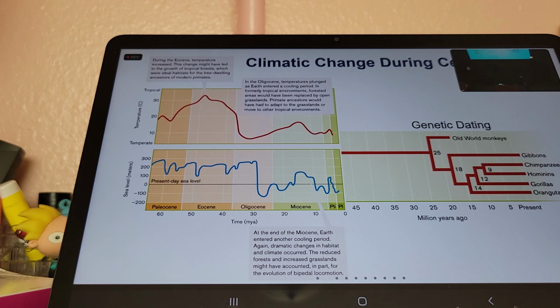But during this warming, you get a proliferation, and then it starts to cool off, and starts to warm up a little bit during the Miocene. And this is where the apes and the monkeys are just going crazy in terms of evolutionary diversity. But then we get that cooling episode.